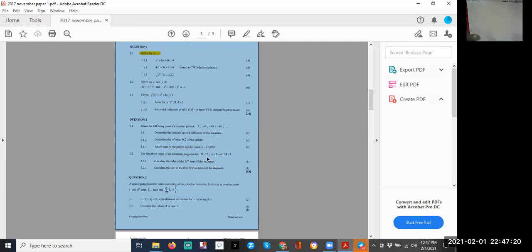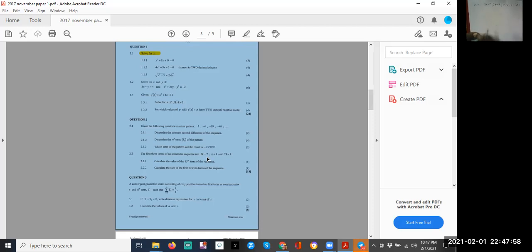Question 2.2: the first 3 terms are 2k minus 7, the second is k plus 8, and the third is 2k minus 1. So these are called an arithmetic sequence, AS.